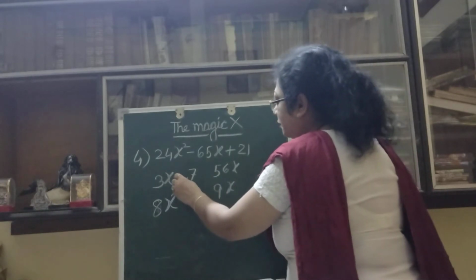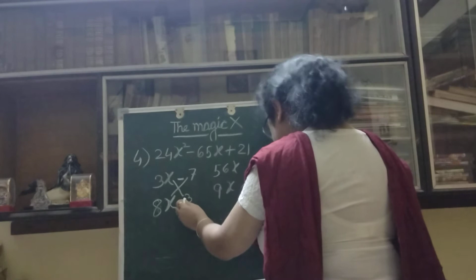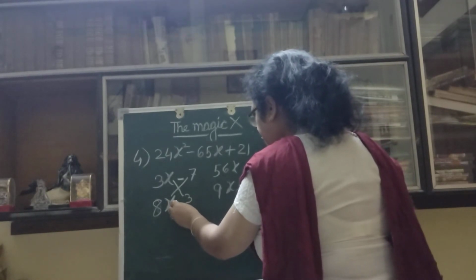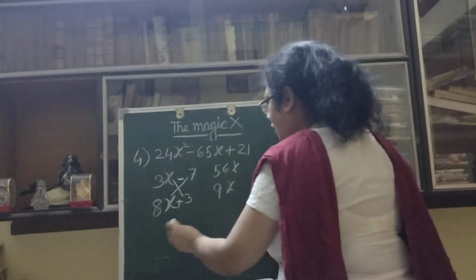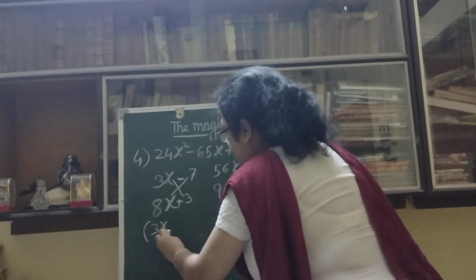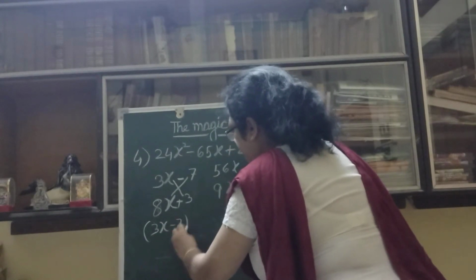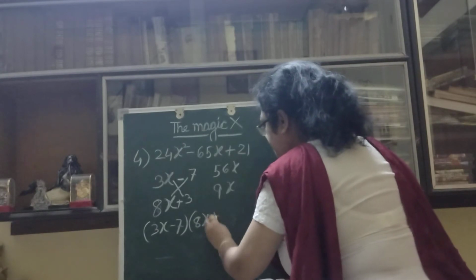So with the bigger number we will put minus sign and the smaller number we will put plus. Okay children, so what is your answer? Your answer has come 3x minus 7 and 8x plus 3.